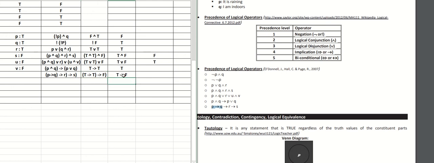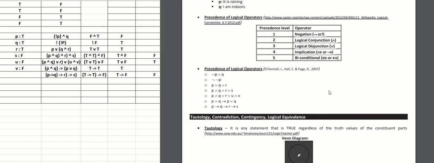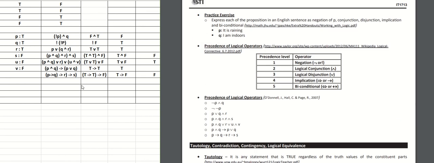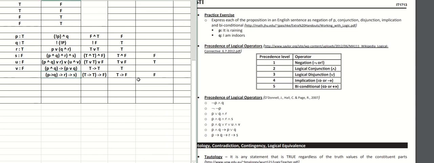Now we get the truth value: if true then false, therefore it is false, based on the implication table here. If the hypothesis is true and the conclusion is false, therefore it is false. Therefore, we conclude that this statement here is false.